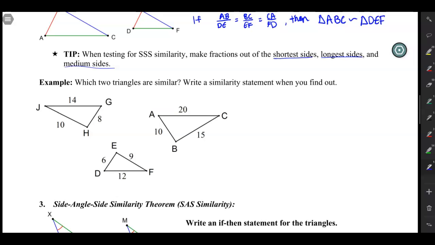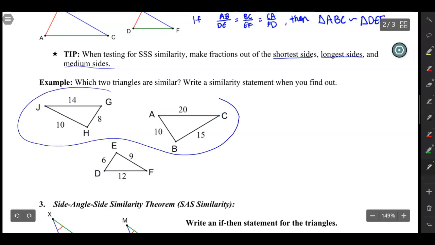Okay, so I'm going to start by just looking at the top 2. I'm going to do this work in blue, and I'm just looking at these 2 triangles. I'm going to decide if these 2 triangles are similar. Now, I don't know any of the angles, so I'm just going to use the side-side-side similarity theorem. So I'm going to start setting up ratios of these side lengths.